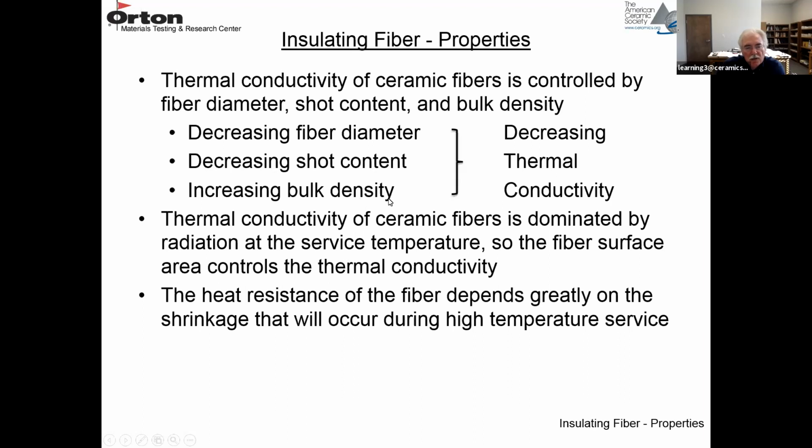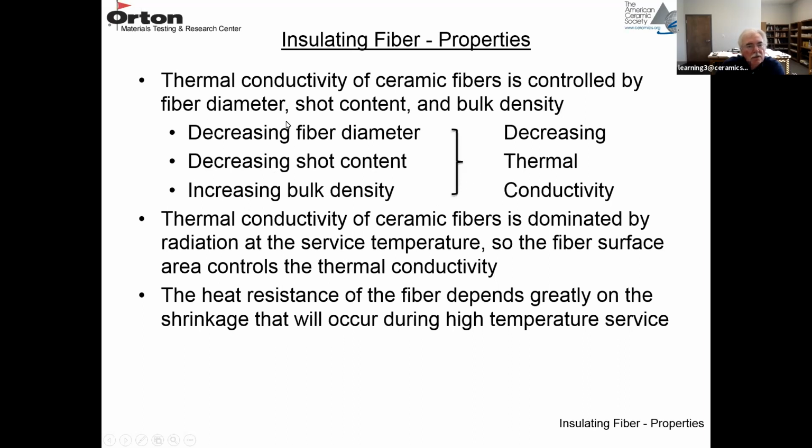And if you increase the bulk density, you decrease the thermal conductivity, which is a little bit different than an IFB, because if you increase the bulk density of a fiber blanket or a fiber board, you're really making the pores smaller and decreasing the radiation component or the photon conductivity.